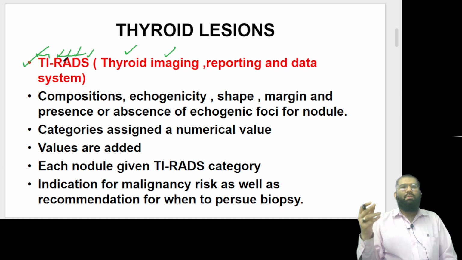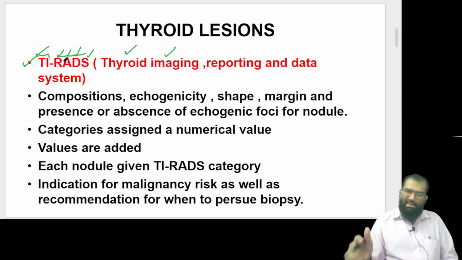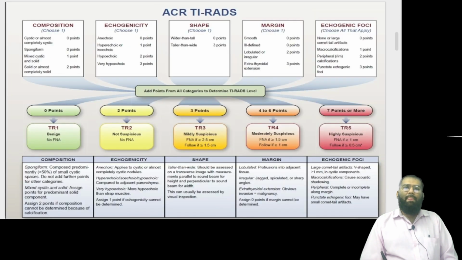There are similar full forms for BI-RADS, O-RADS, PI-RADS, LI-RADS, etc. This TI-RADS is based on various criteria or observations, five important observations as per ACR guidelines.